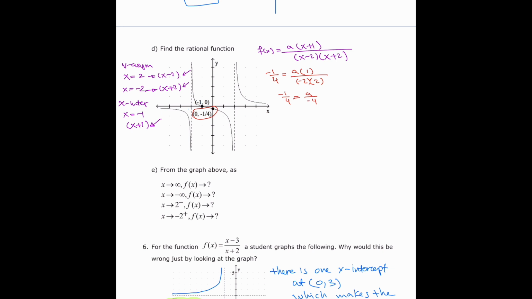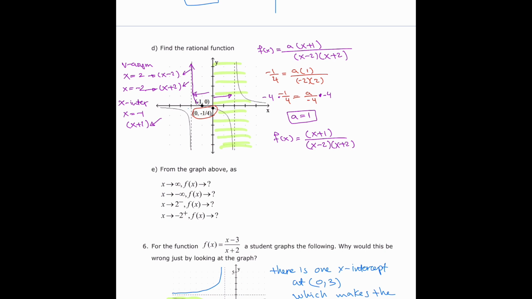We multiply both sides by negative 4, and we get a is equal to 1. So the function is f of x equals x plus 1 over x minus 2 times x plus 2.